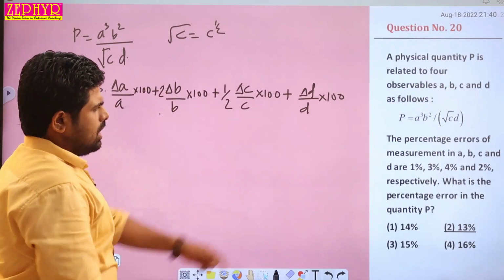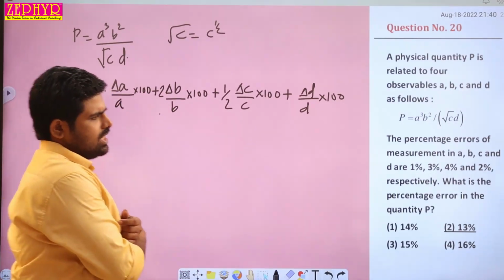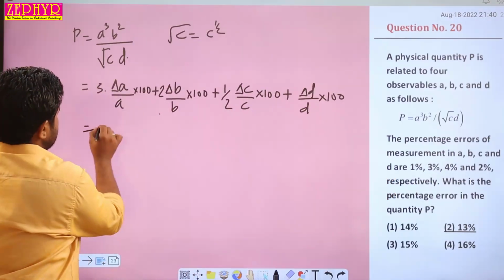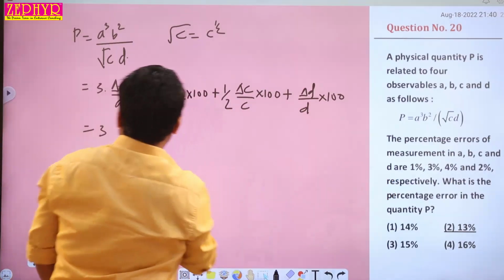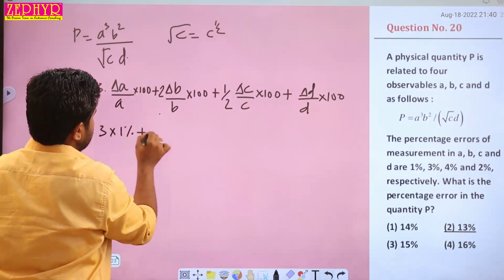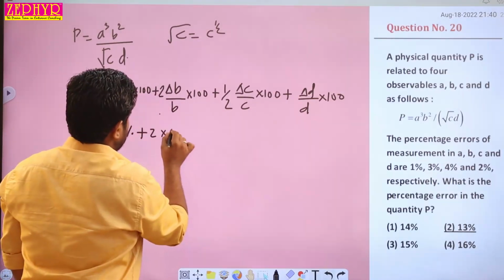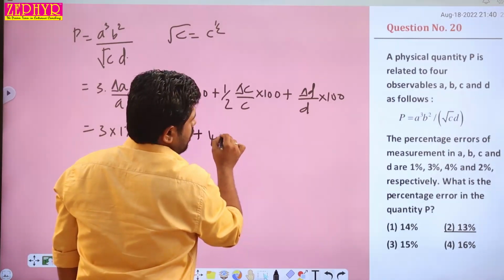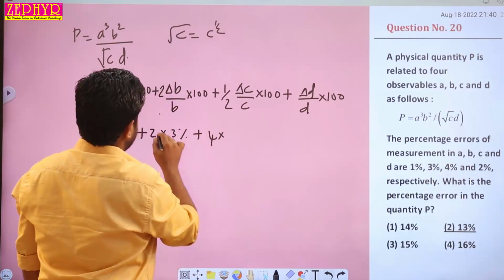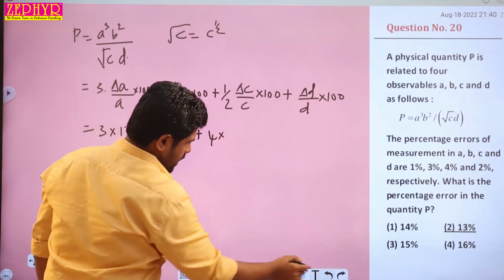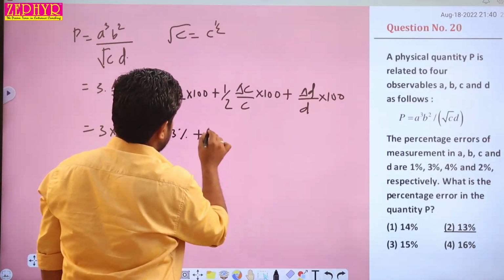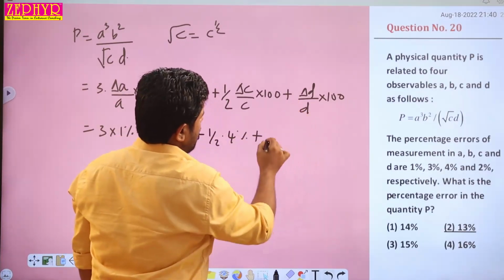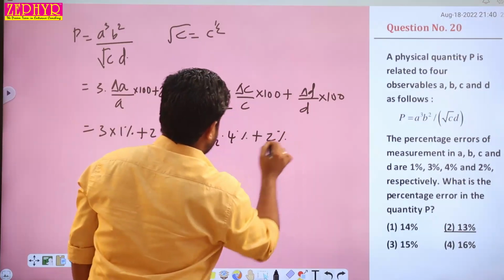So here we know the percentage errors of A, B, C and D. So it is equal to 3 into 1 percentage plus 2 into 3 percentage plus 1 by 2 into 4 percentage plus 1 into 2 percentage.